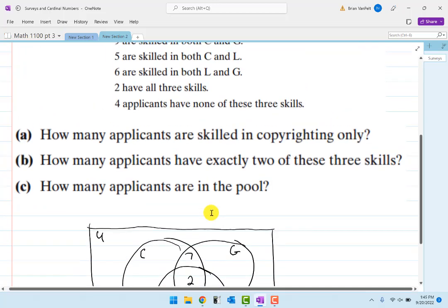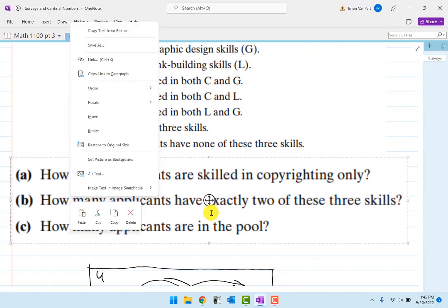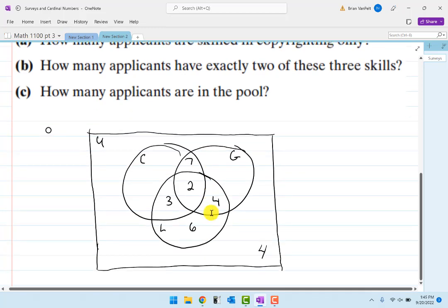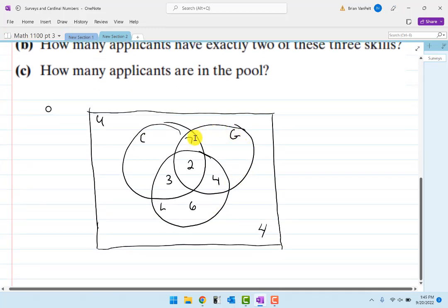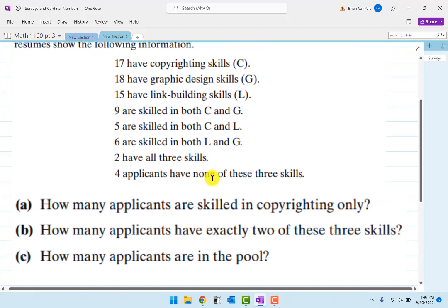Now let's move on. 18 people can do G. So let's take a look. If 18 can do the G circle, I've already got 13 people accounted for, so that must mean I have 5 here.